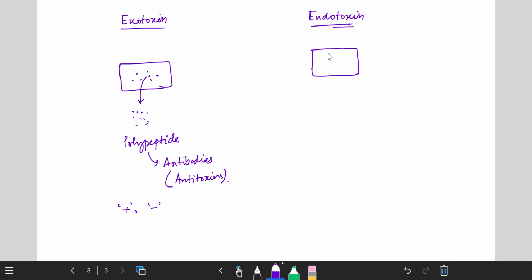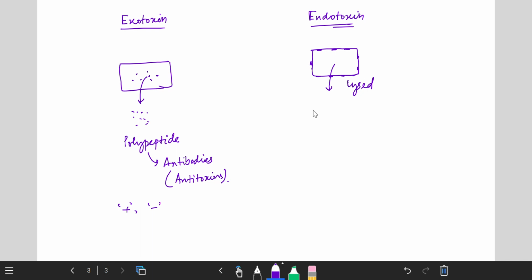But endotoxins are a part or component of the outer coat of the bacteria, which is secreted only when the cell is lysed, after lysis of the cell.